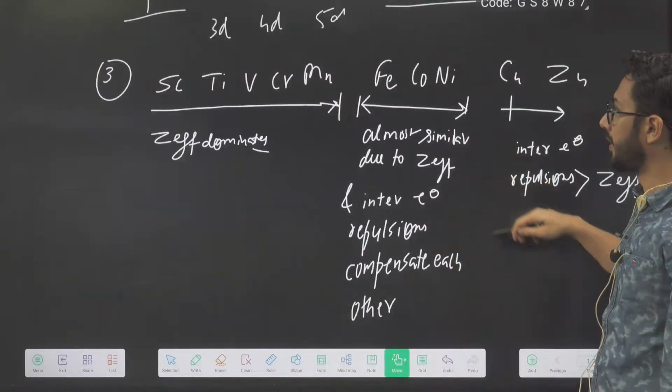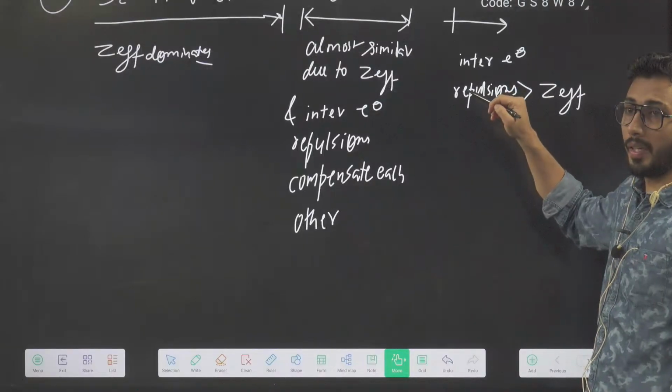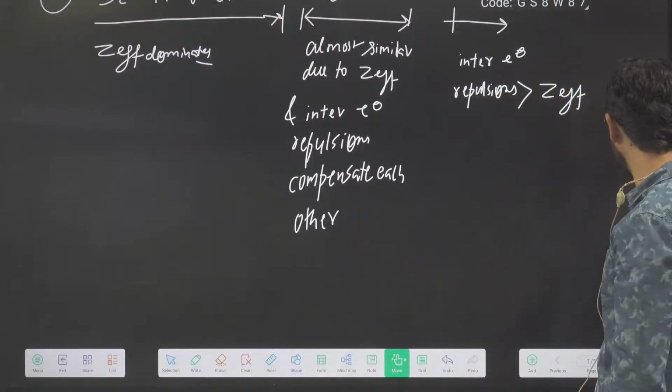Because after this atomic radius exception, we will discuss ionic radius.